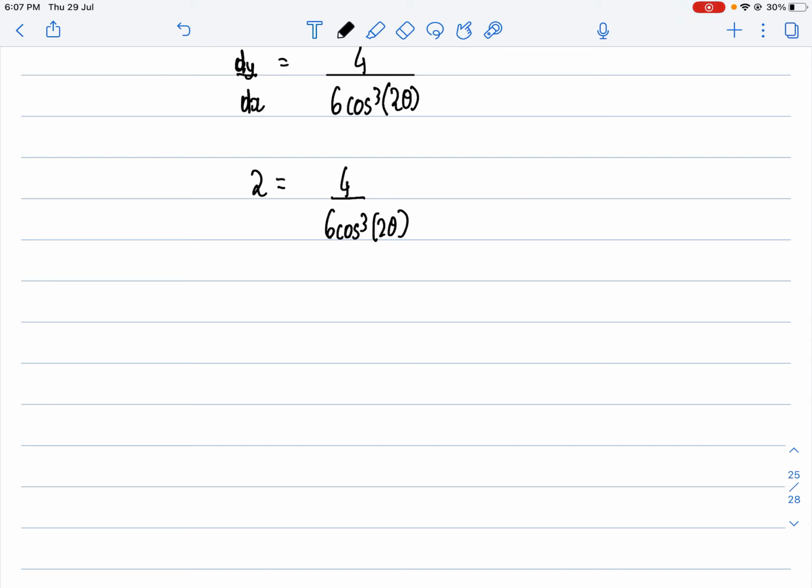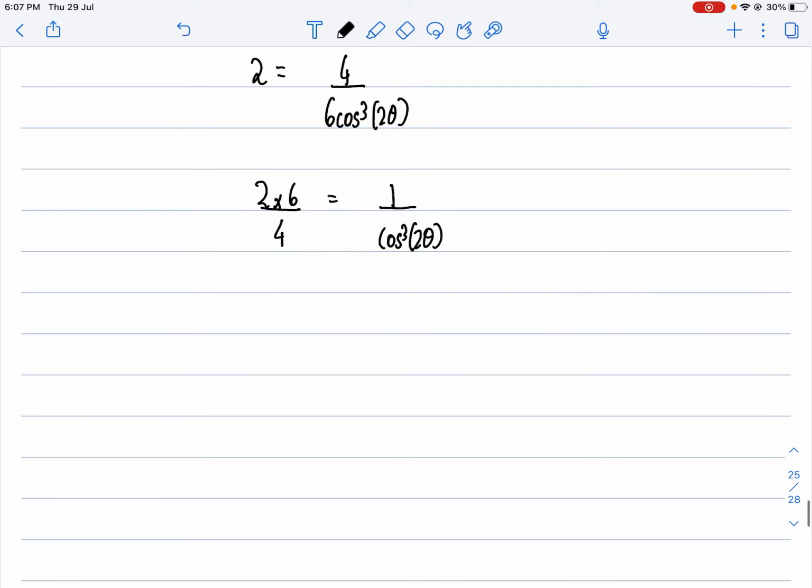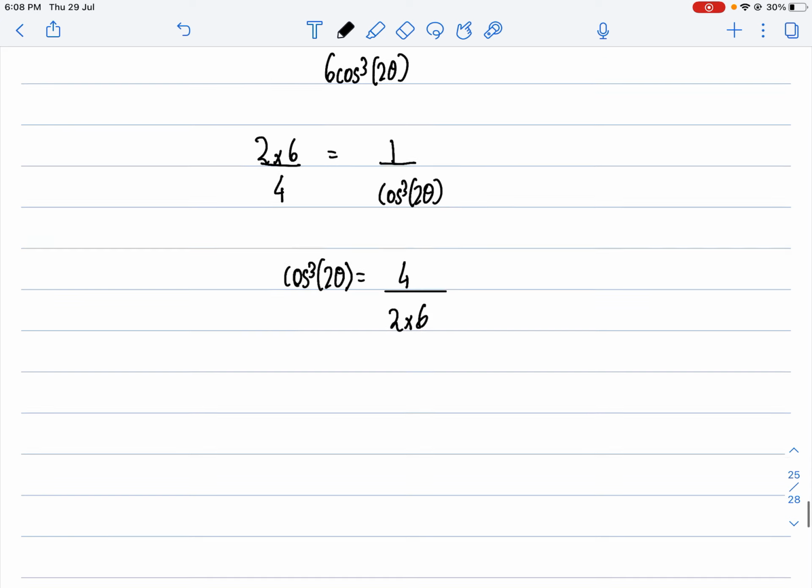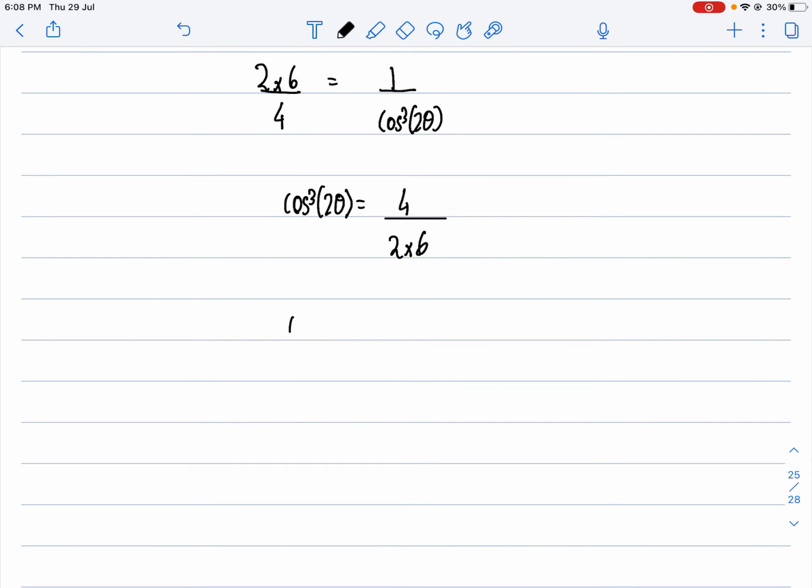Correct? So now I can simply write this as 2 into 6 divided by 4 equals 1 over cos cube 2 theta. Now I can write this as cos cube 2 theta, which is equal to 4 divided by 2 into 6. Cross multiplication.